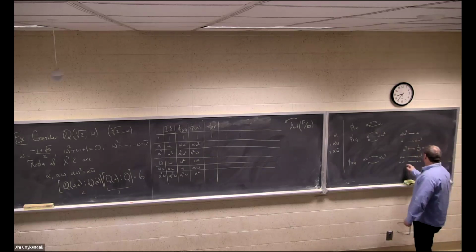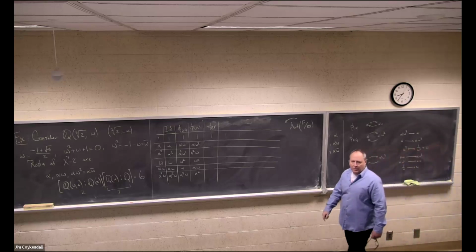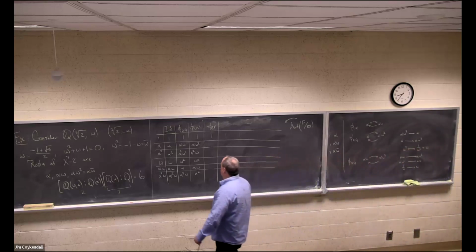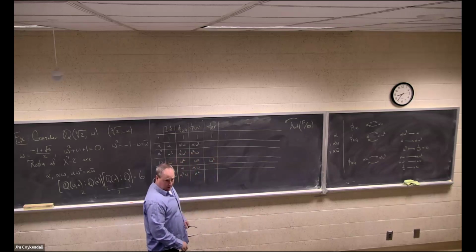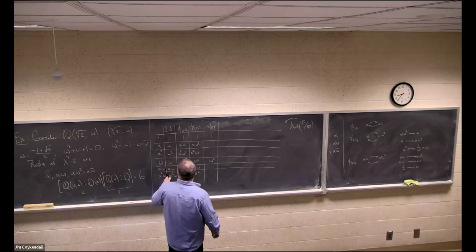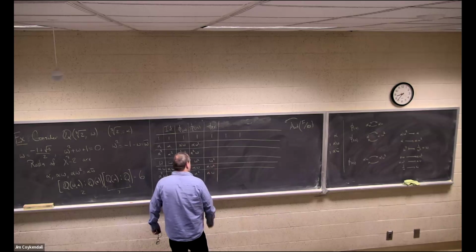And so that means 1 over omega goes to omega and vice versa. We can do it in either order. So that means omega goes to omega squared. Right? Alpha omega goes to alpha omega squared. This goes to alpha omega.